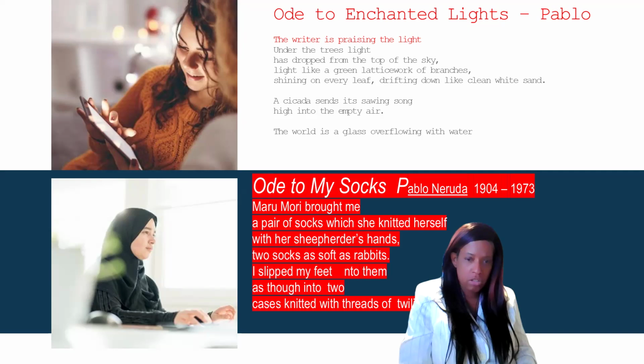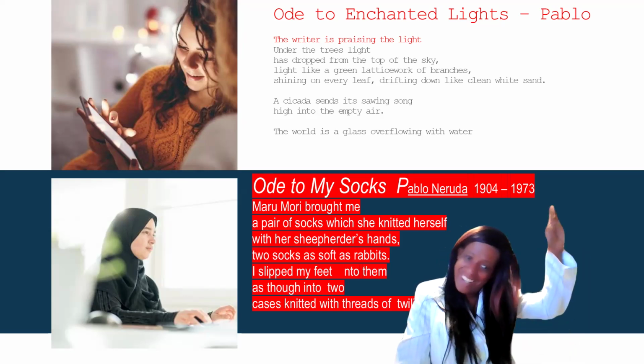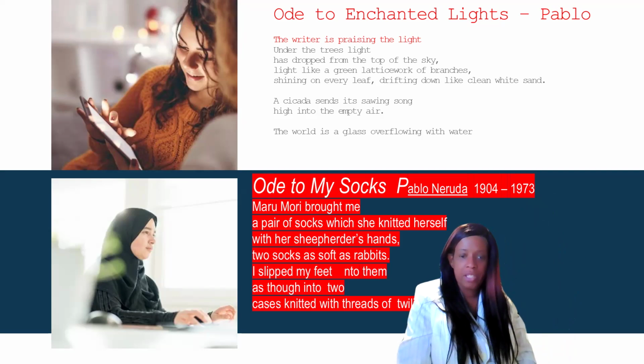Another one is drifting down. So those are what we call the alliteration in this poem. So again, an ode is giving praises. Giving praises in a poem.